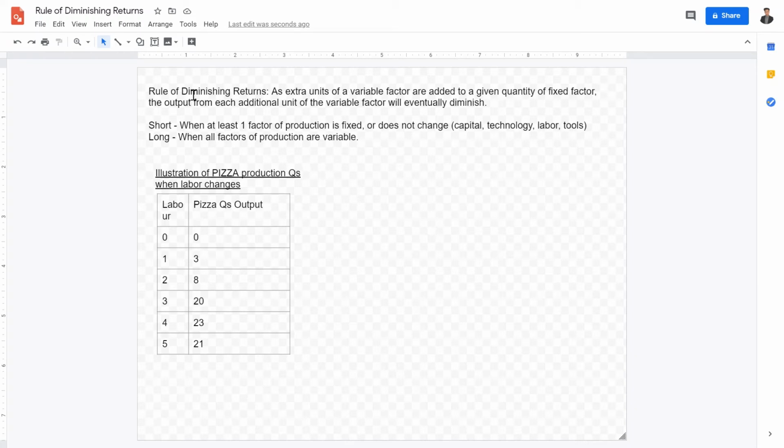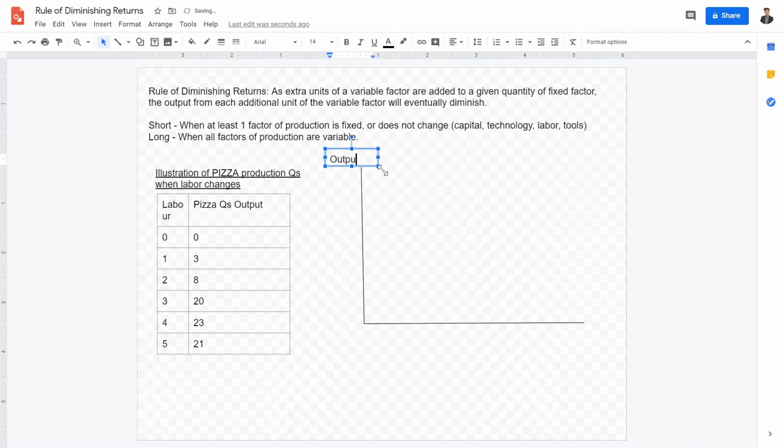theory of diminishing returns. Now, how do we graph the theory of diminishing returns? Okay, let's graph this theory. So of course we have an x-axis and y-axis. In our y-axis, let's label it output. In our x-axis, let's label it input.